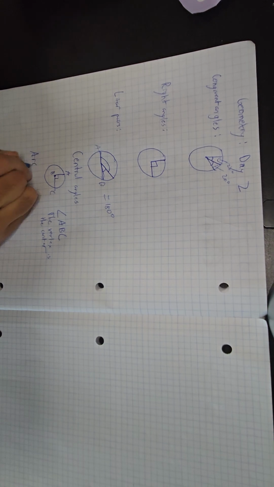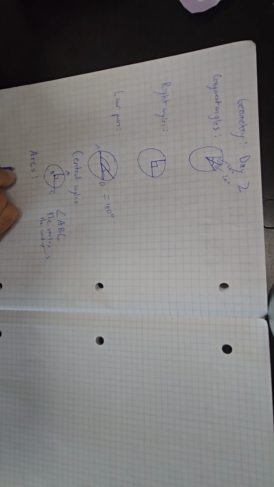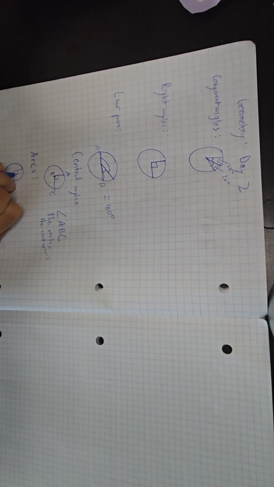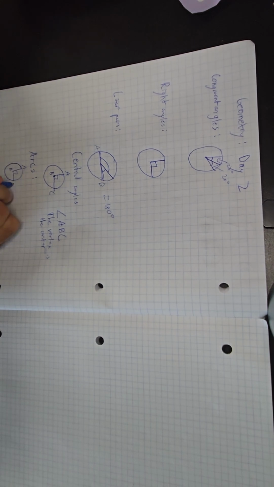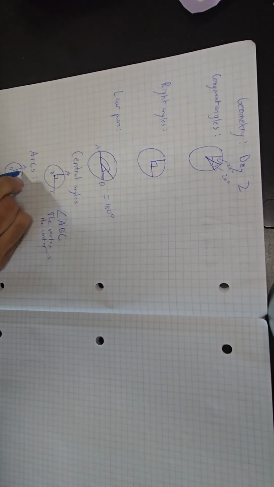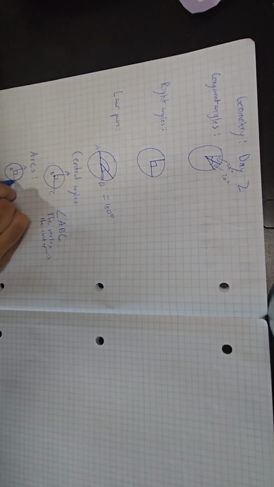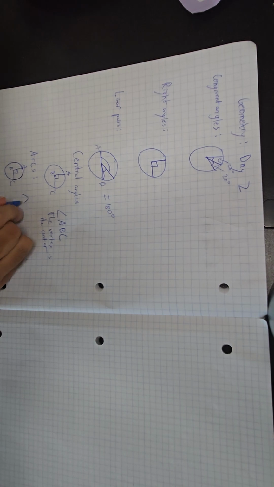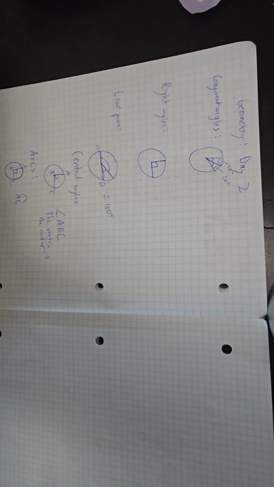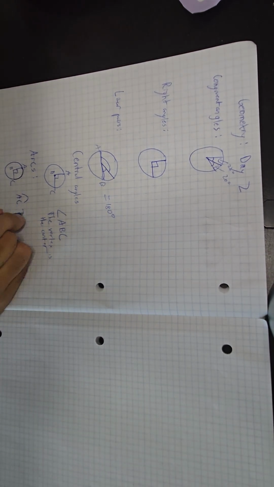Now let's talk about arcs within central angles. Let's start off with arcs. If we draw the same example again, we have the angle, but we also have this arc between A and C. We're going to call this arc AC, in notation. It is going to be equal to the angle ABC.